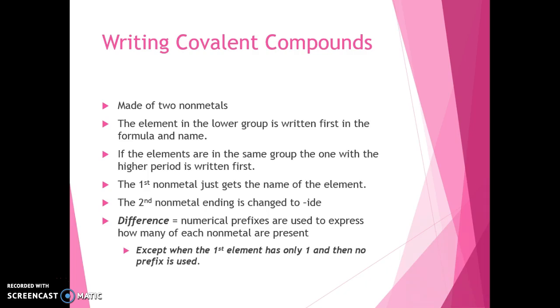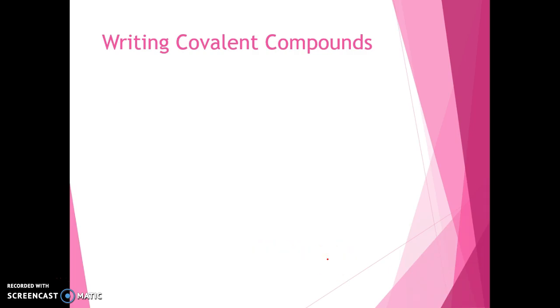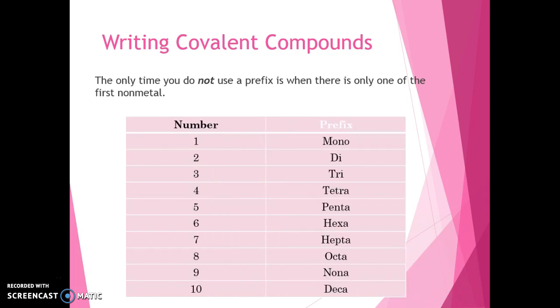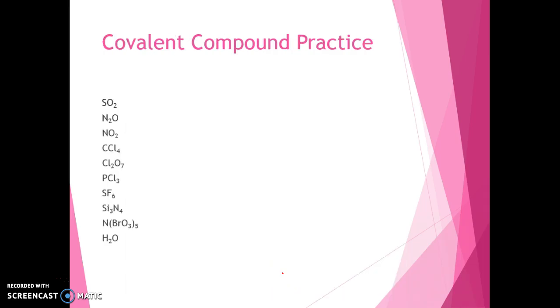So this all applies except we don't use a prefix when the first element only has 1. There is no prefix used then. And this is going to be reiterated right there. So we use the number system. Mono means 1, di 2, tri 3, tetra 4, penta 5, hexa 6, hepta 7, octa 8, nona 9, deca 10. So here we go.